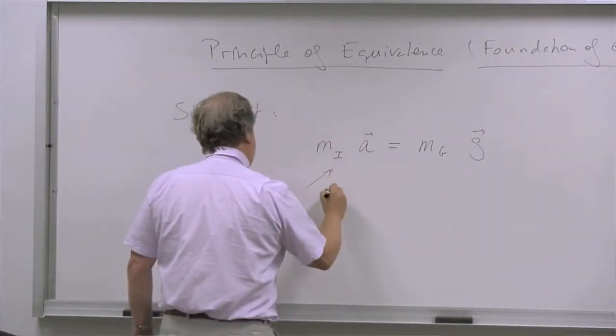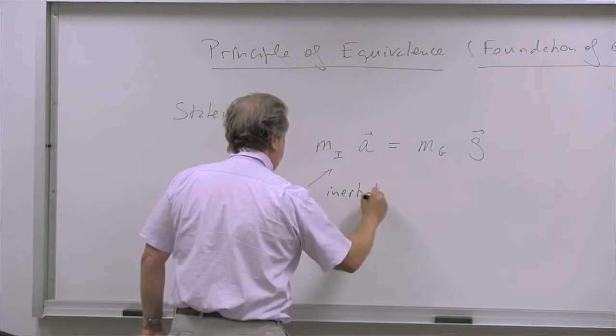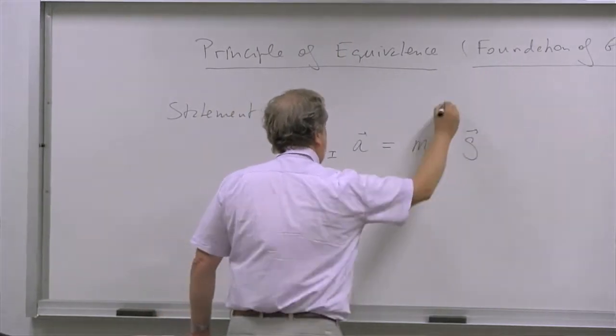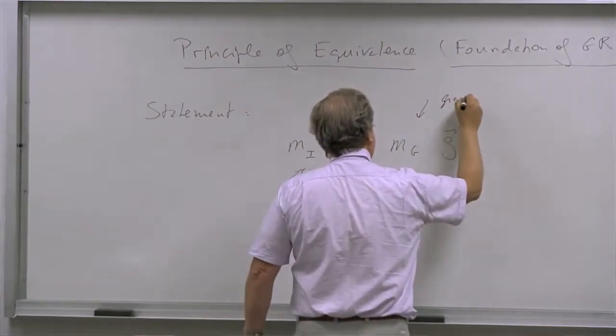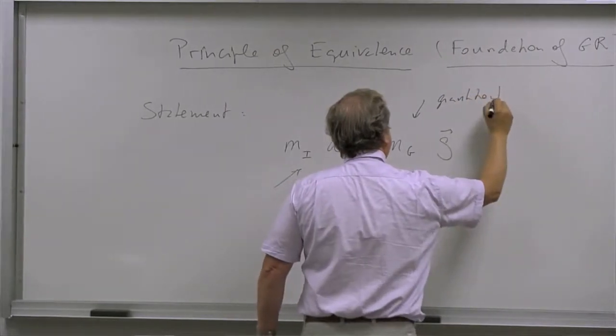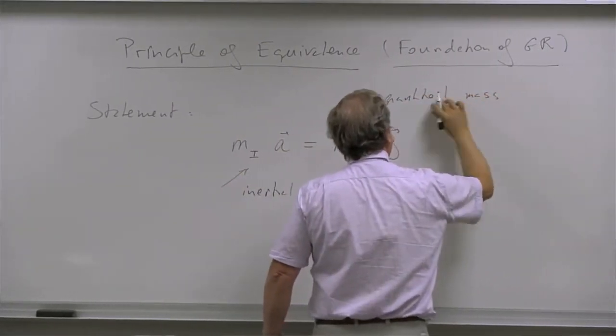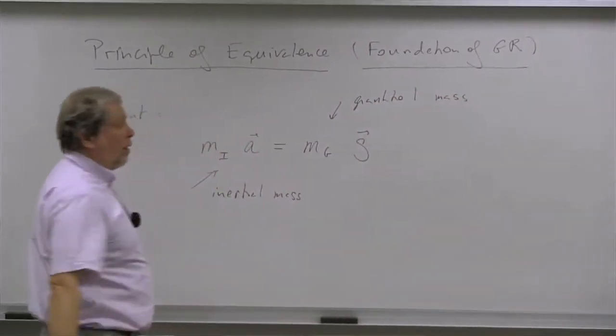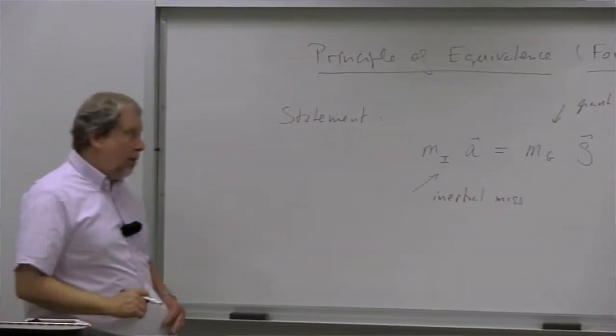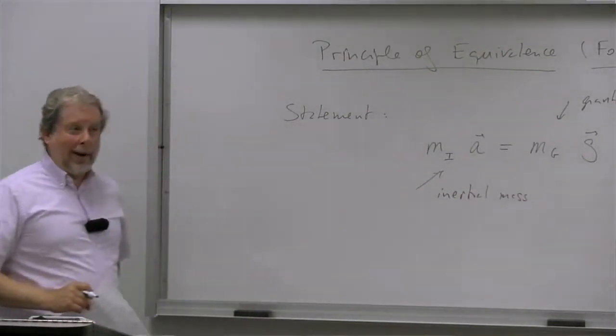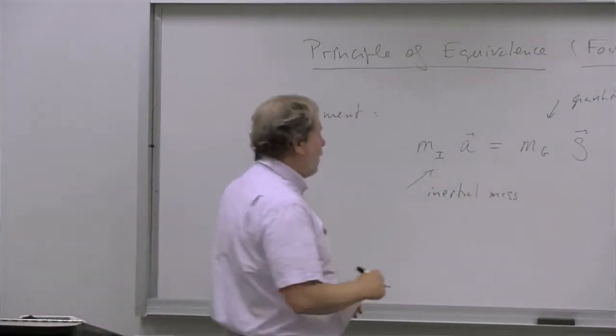So we have the inertial mass and we have the gravitational mass. Gravitational mass, right? So the statement is that those two masses are identical. Right? They're identical.